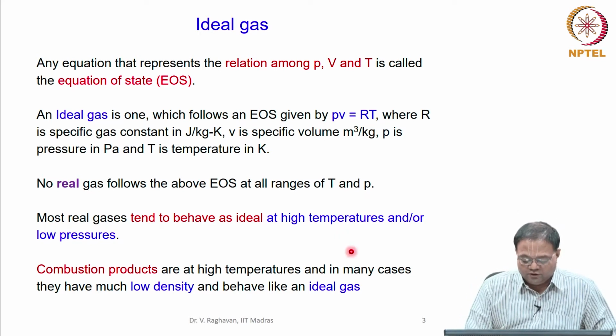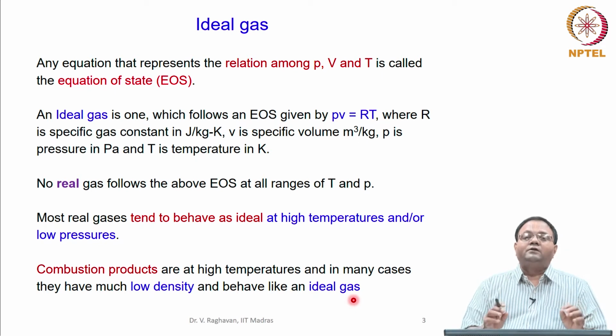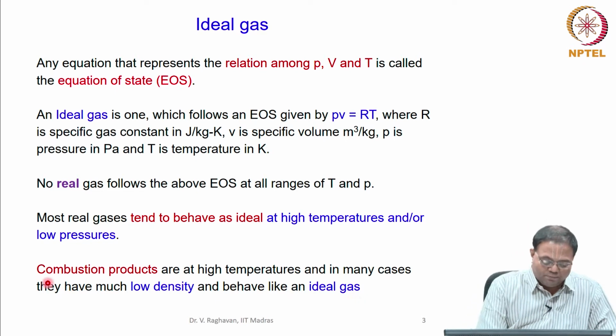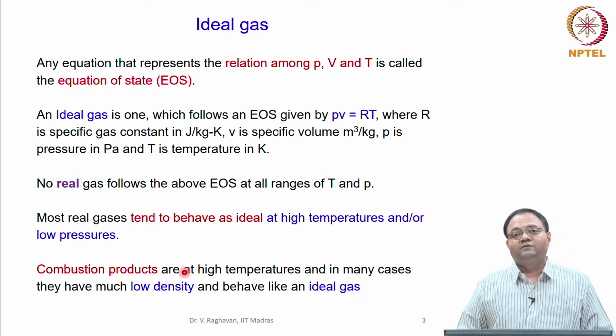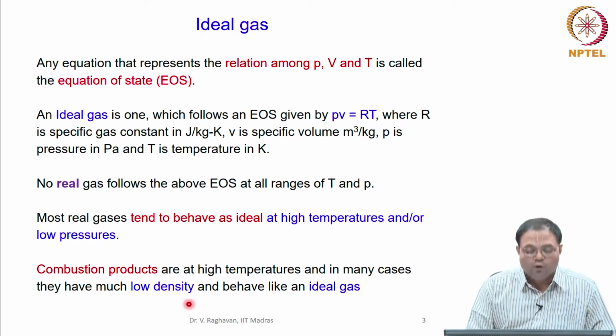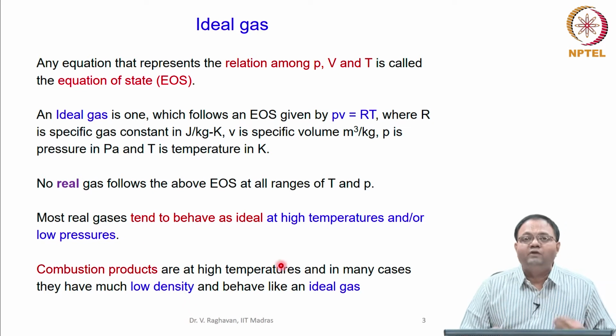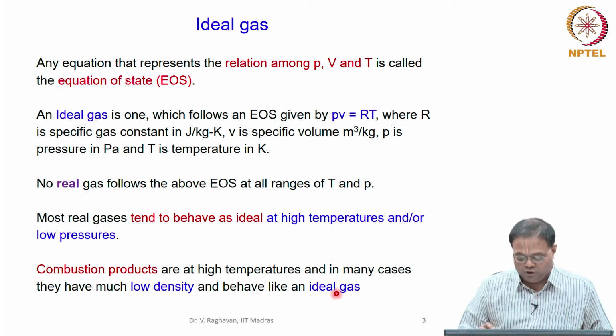In such cases a gas behaves like an ideal gas, and if this is not a single gas but a mixture of gases, the mixture itself will behave like an ideal gas. Combustion products are a mixture of several gases, but due to the high temperature prevailing there, the mixture density will be low enough that the combustion products can be qualified as an ideal gas mixture.